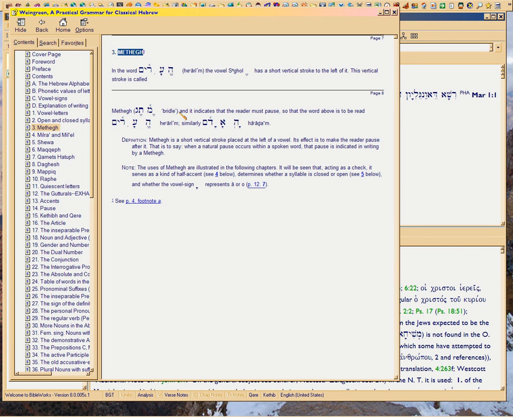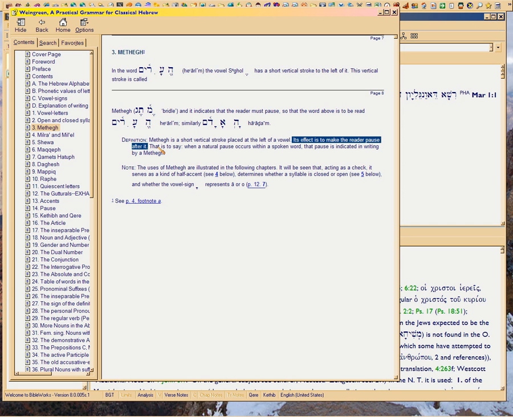See how simple that is? Reader must pause. Metheg is a short vertical stroke placed at the left of a vowel. Its effect is to make the reader pause after it. I don't do this right, I just ignore these things. But see how simple it is to read this guide?